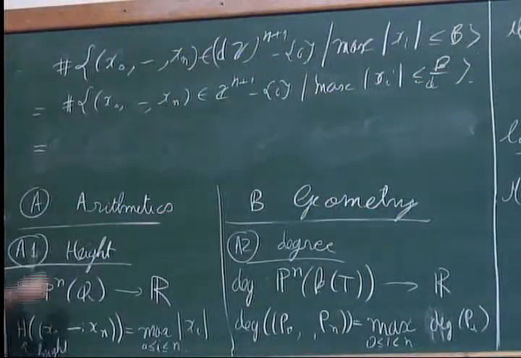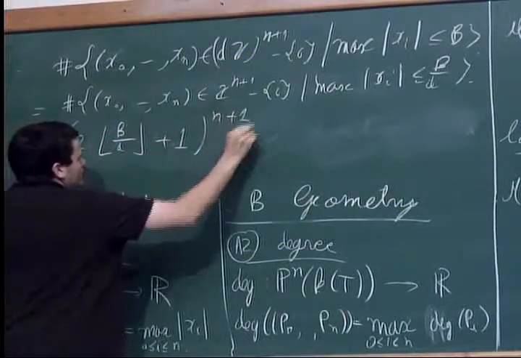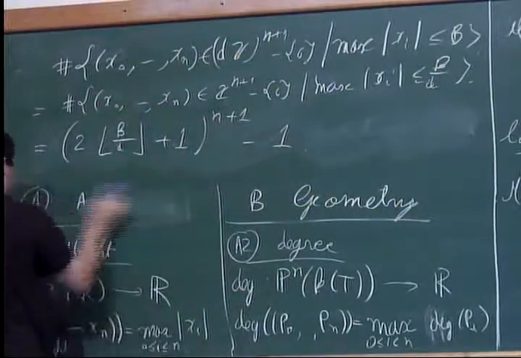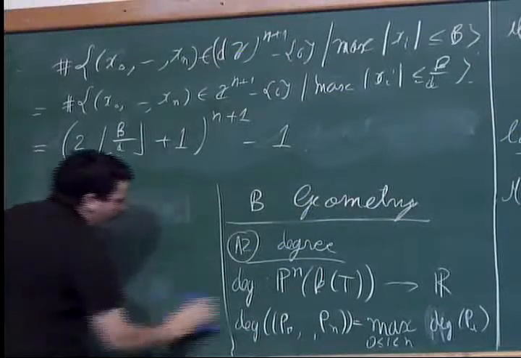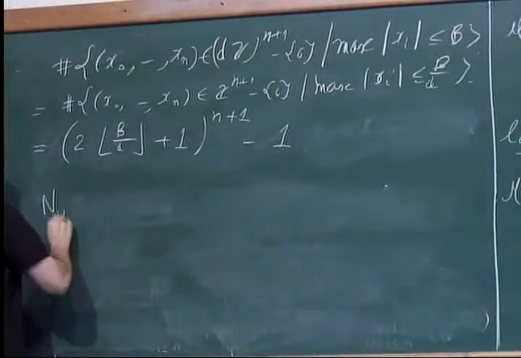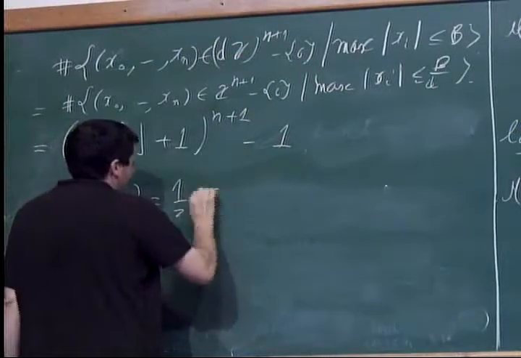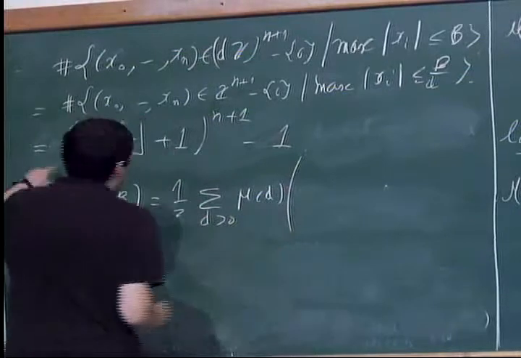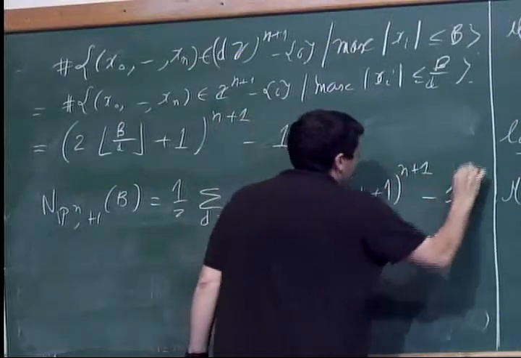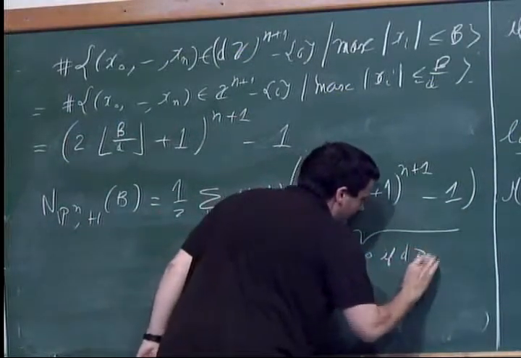And this is equal to (2 times the integral part of B over d, plus 1) at the power n+1, minus 1, because I remove 0. So finally, I get a precise formula for this number, which is 1/2 of the sum for d strictly positive of mu(d) times (2[B/d]+1)^(n+1) minus 1. Okay, and you note that this is 0 if d is bigger than B.